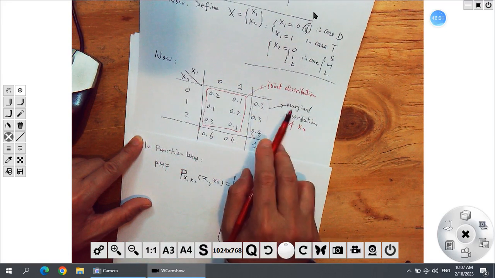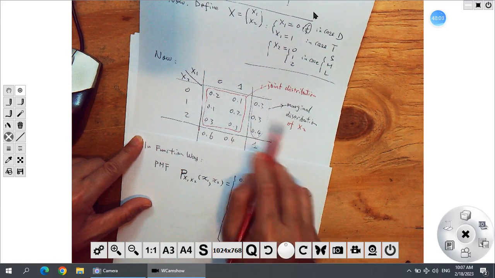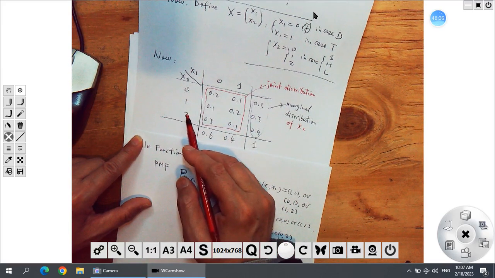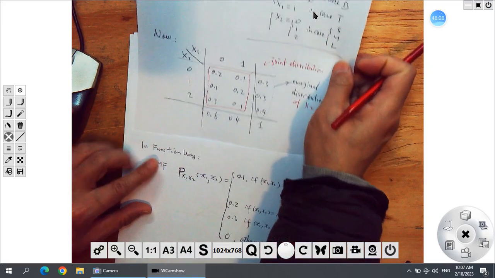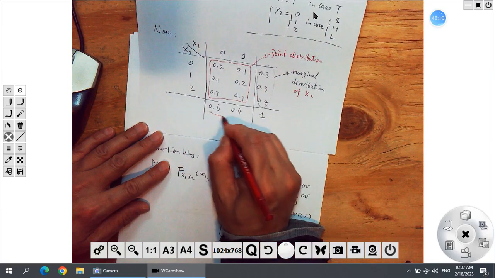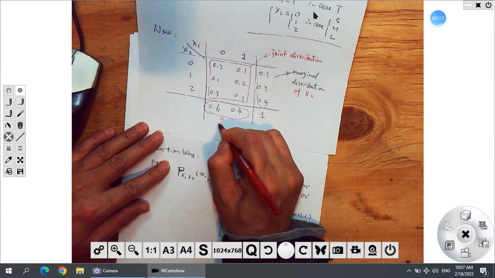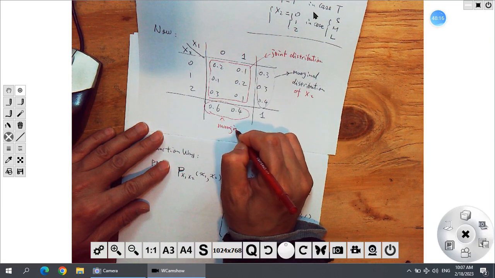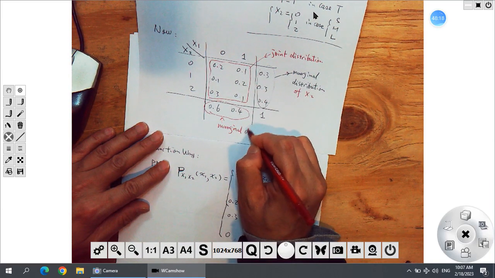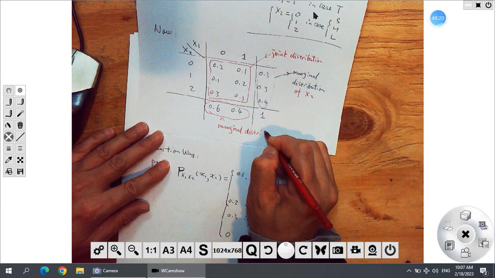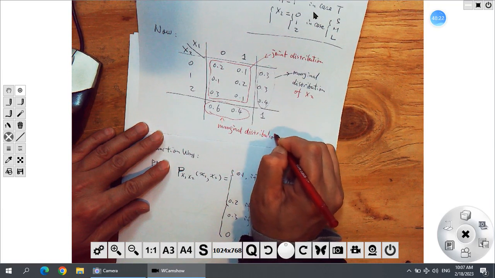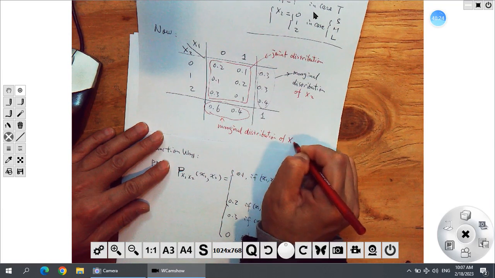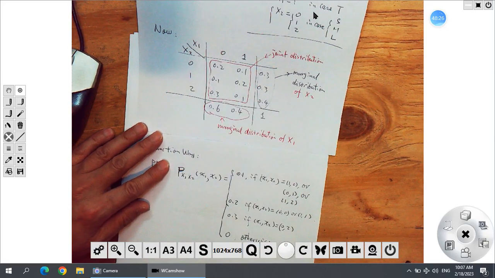So this is the marginal distribution of x2: x2 is changing, x1 could be any. And similarly, this part is the marginal distribution of x1.